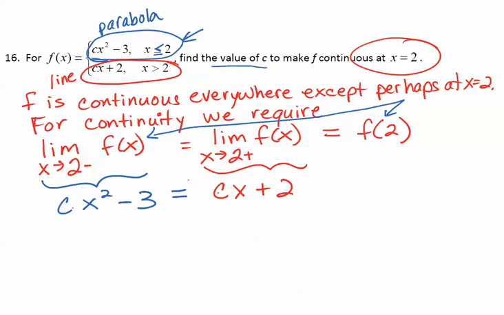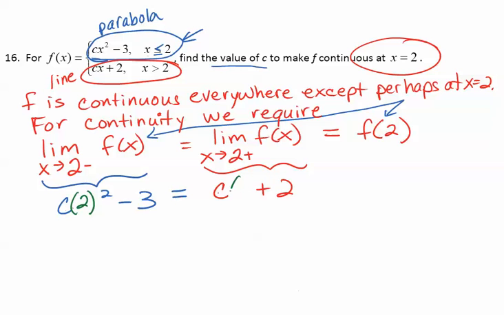Well, this is the way that students often set this up, and then they don't know what to do because we've got the variable c and the variable x. But remember that we actually know that x is approaching 2. So x can be replaced with 2.